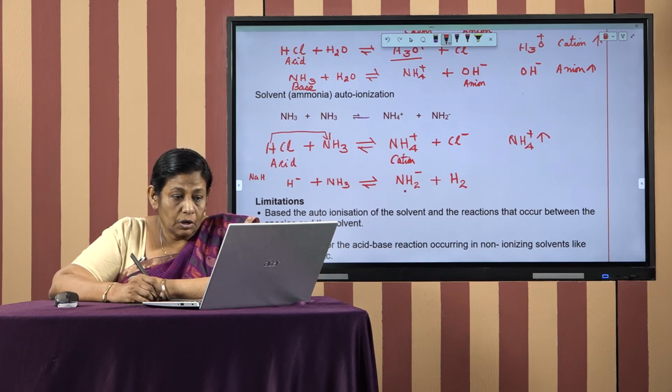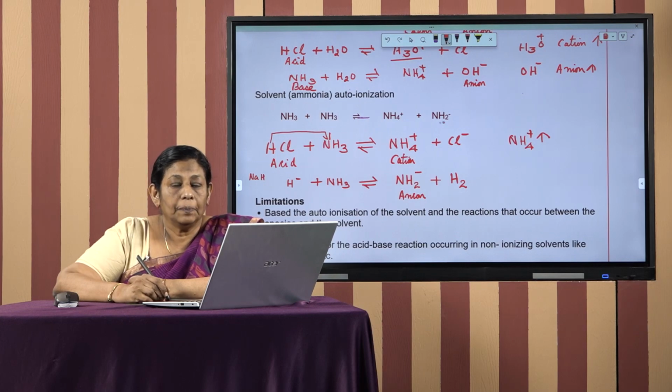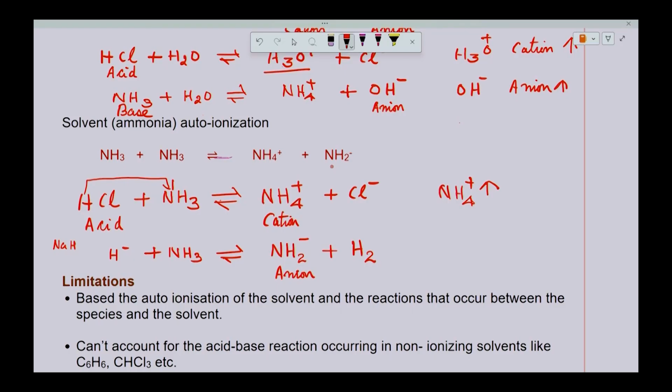Now, this anion is present in the ionization of the solvent. So, if I add any ionic hydrides to ammonia, there will be an increase in the anion NH2 minus.